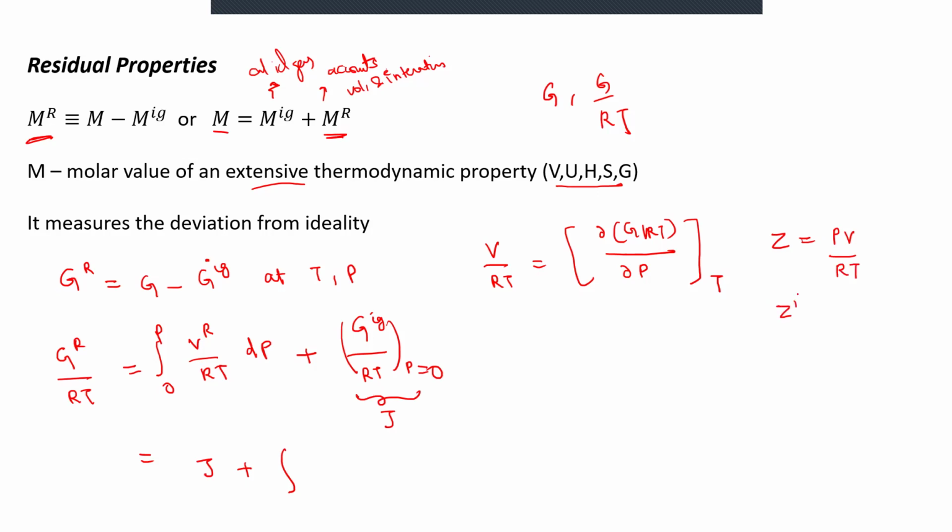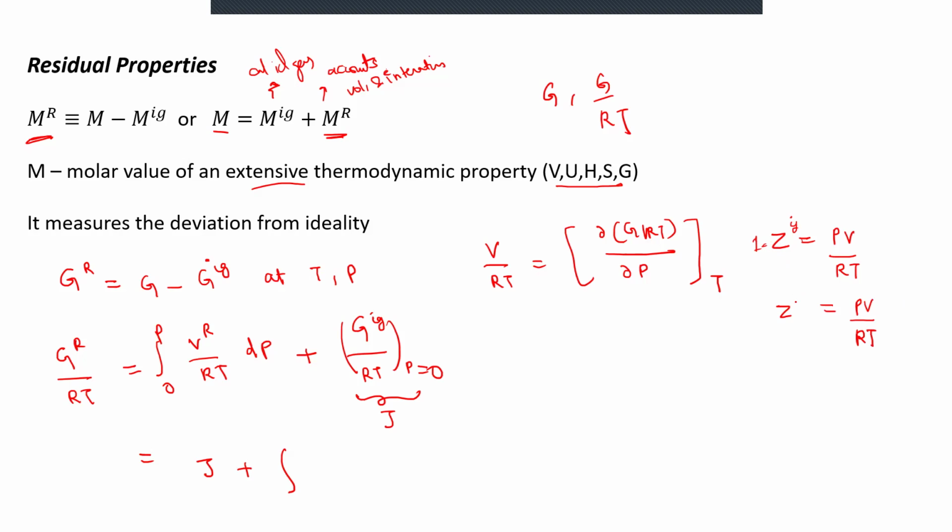Similarly Z^R, where Z^IG is one only. So actual Z is V by RT.